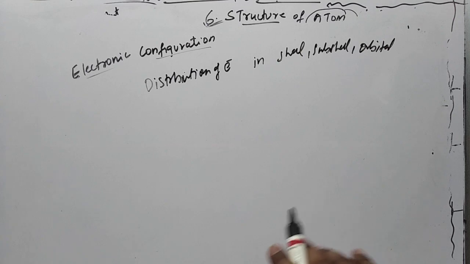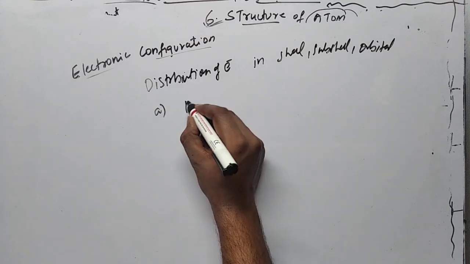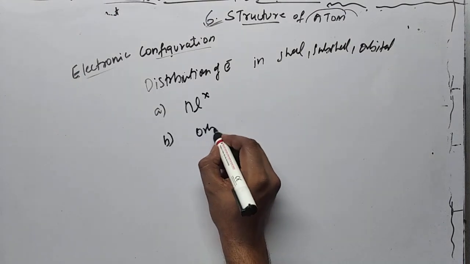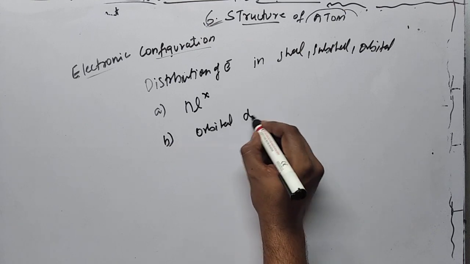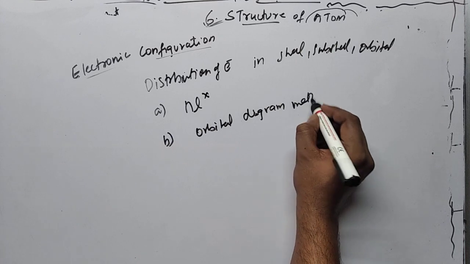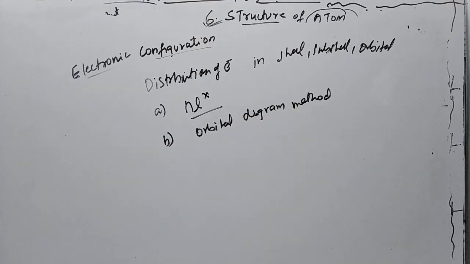Electronic configuration is explained by two methods. The first one is the nlx method and the second one is the orbital diagram method. First we'll talk about the nlx method.